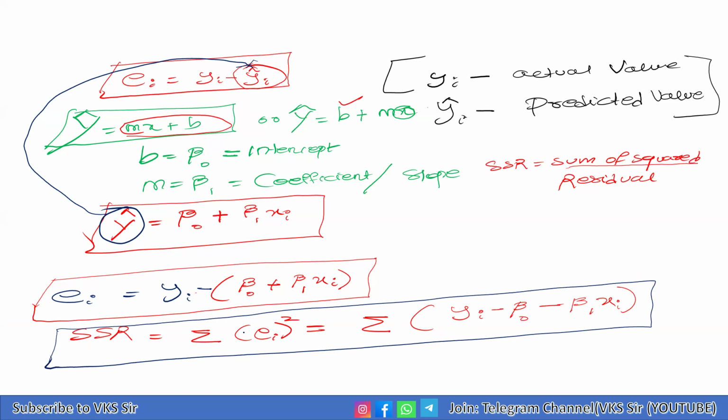Now our goal is to find the values of beta naught and beta 1, because we want to minimize the SSR, the sum of square residual.